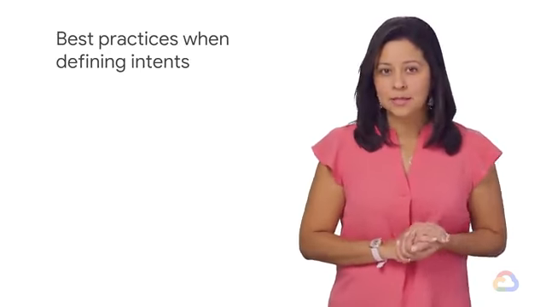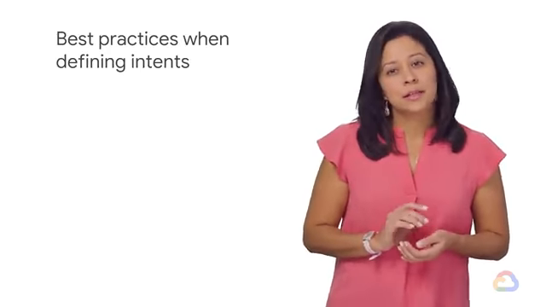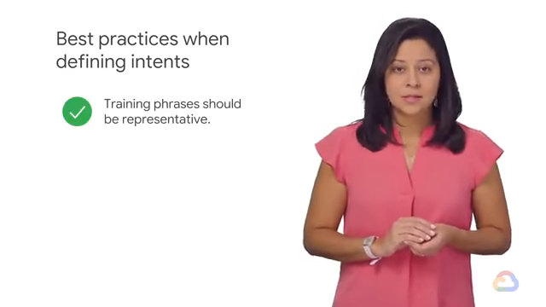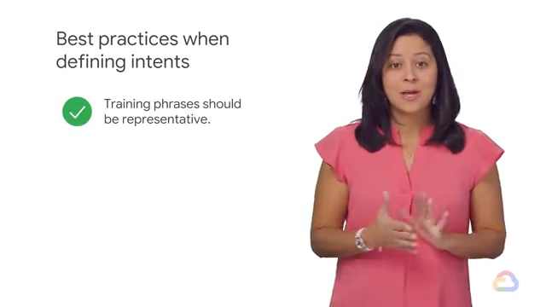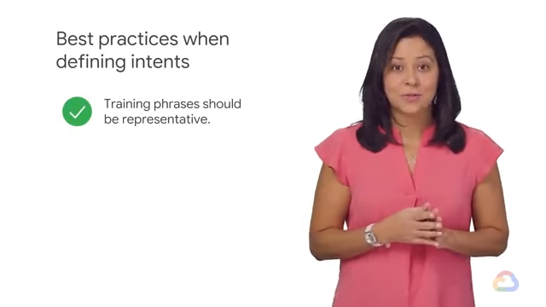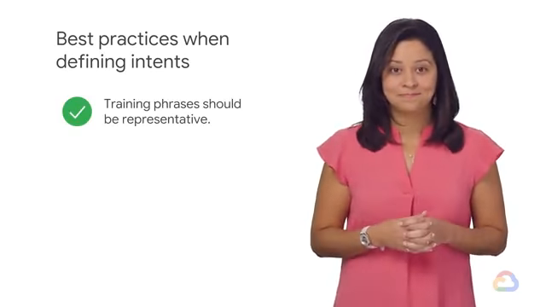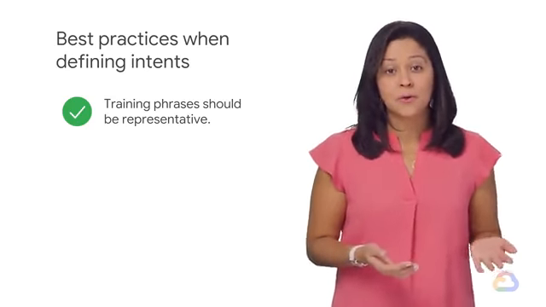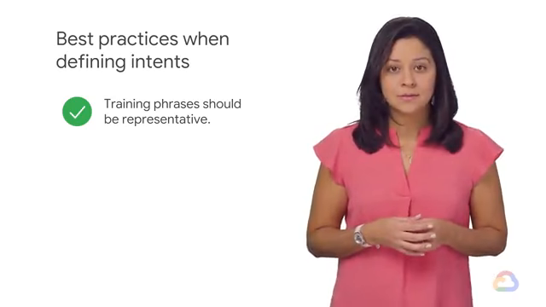Here are some best practices to follow when defining intents for your agent. When choosing the training phrases to train an intent, make sure to consider the different ways users might convey that intention. This can vary from diverse vocabulary to different grammatical constructions of a phrase or sentence.